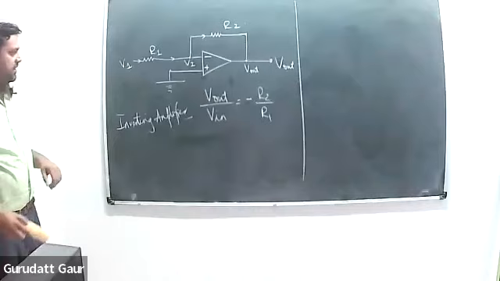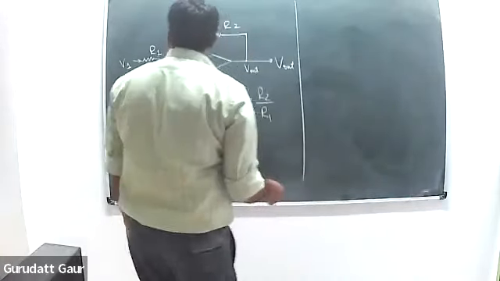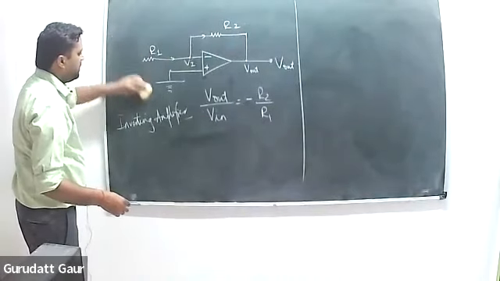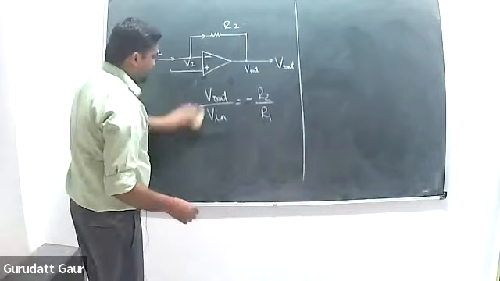Okay. So similar to this inverting amplifier, we can have a non-inverting amplifier also, right? In non-inverting, the only difference will be this voltage will now be fed to this terminal, the positive terminal.